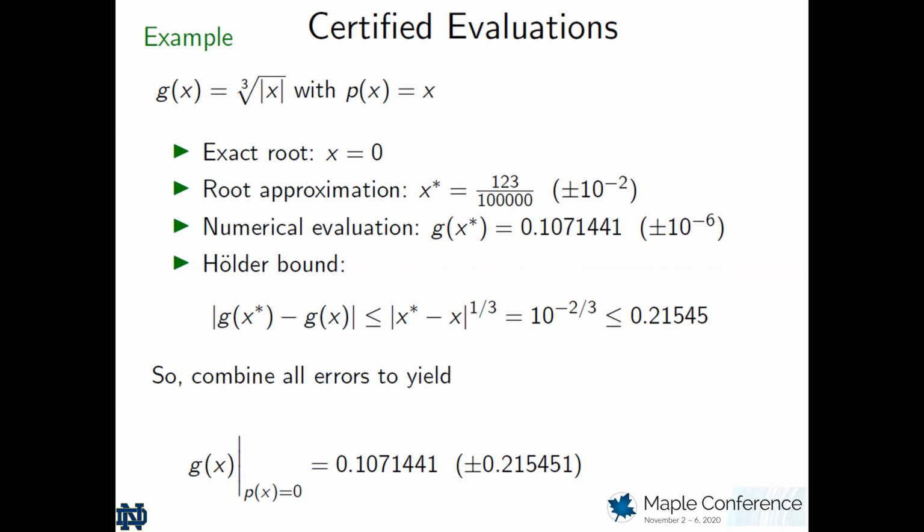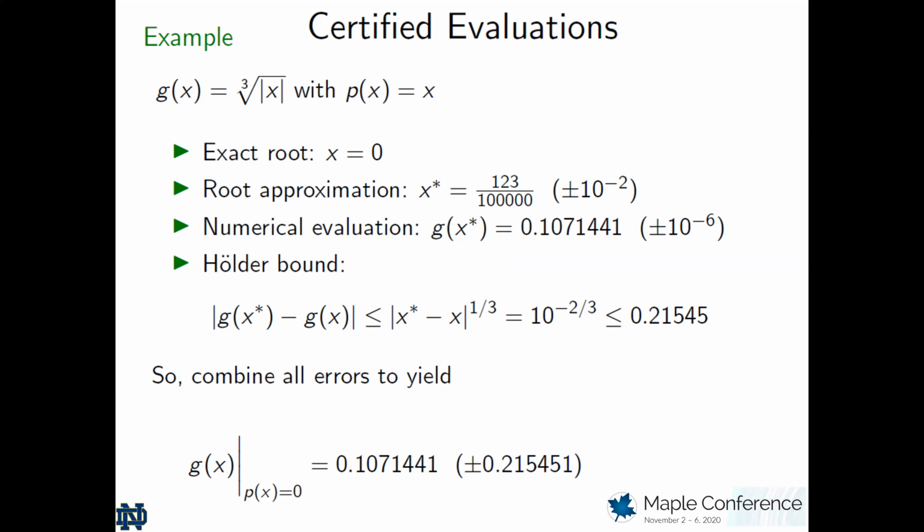And we say that this has an error of plus or minus 10 to the minus 2. So then we evaluate our function at that rational value. Since we can't compute the cube root exactly, we also have an error coming from this numerical evaluation. And in this case, we can say, for example, this value listed here is correct up to 6 decimal places.